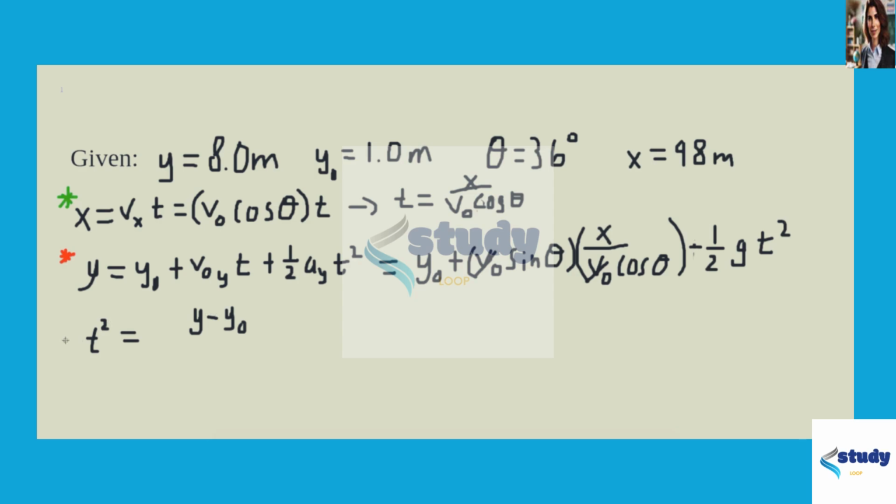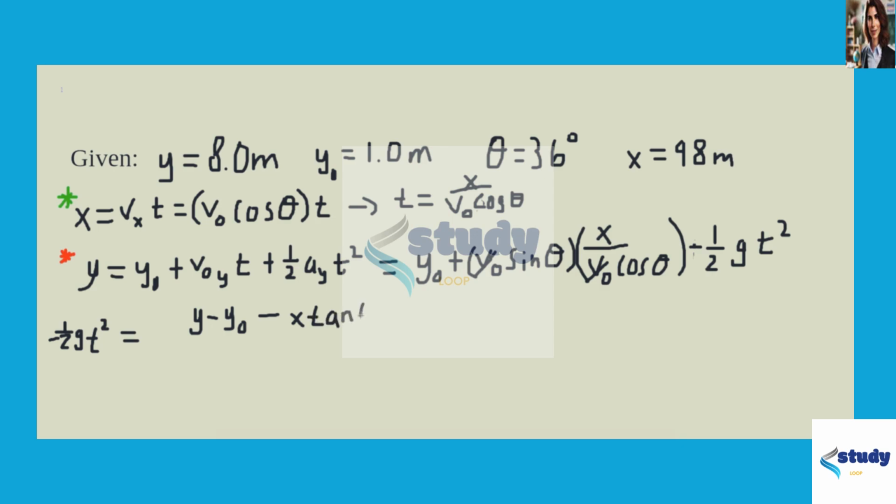Because there's a minus sign in front of the t squared, it's minus 1/2 g t squared. We'll do this one step at a time. Minus 1/2 g t squared is equal to y minus y naught minus, since the v naughts cancel as I previously showed, x times sine theta divided by cosine theta. Well, sine theta divided by cosine theta is tangent theta. So this is minus x times tangent theta.